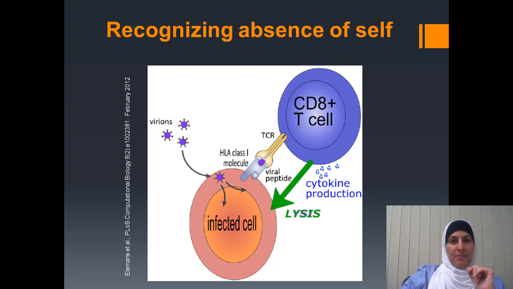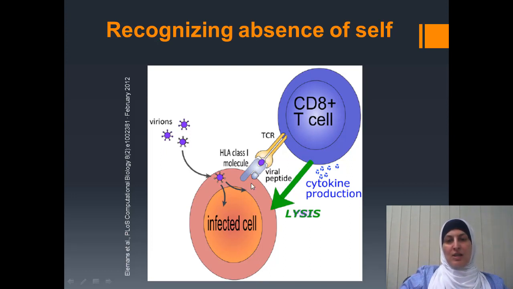Let's see what happens when the cell is infected with a virus. The virus will get inside the cell. What viruses do is hijack the DNA of the cell, and they will start producing viral proteins. And as I said, the MHC molecule just presents whatever is inside the cell.